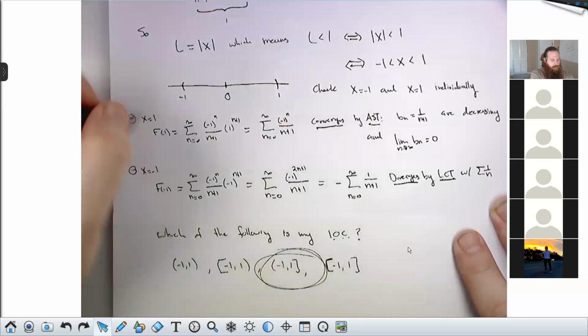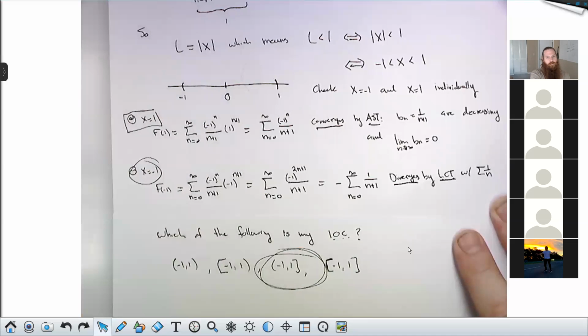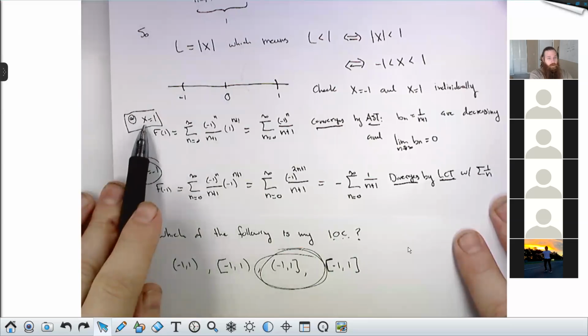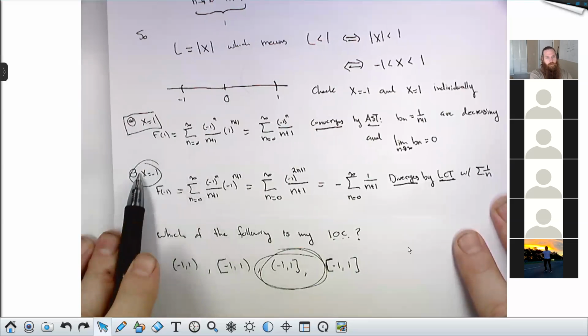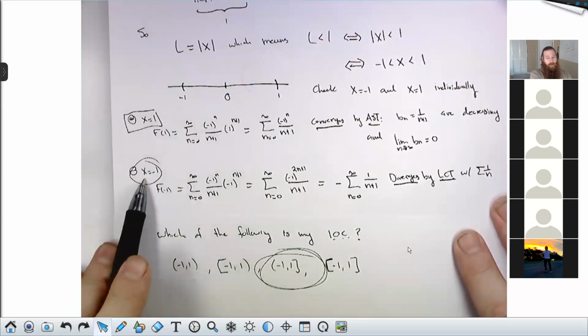X equals 1 is in my series. X equals -1 is not in my series. In my interval, sorry, series. My series converges when I plug in x equals 1, which means 1 is in my interval of convergence. My series diverges when I plug in x equals -1, which means -1 is not in my interval of convergence.